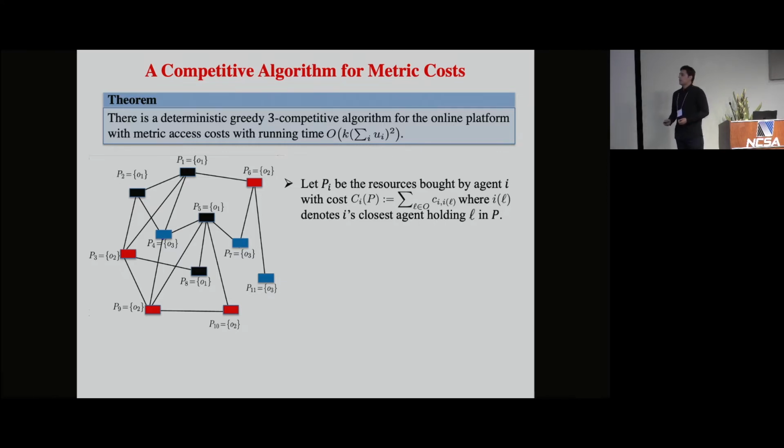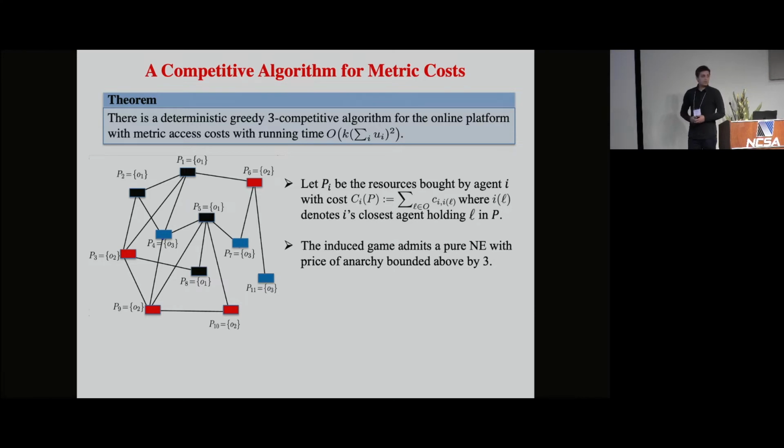Okay. So the good thing is that this is going to induce a non-cooperative game. And one can show that this is an ordinal potential game. And the potential function is going to be a vector of sorted costs that every time the player does a best response and updates its resource, the vector is going to drop lexicographically. Okay, so we can show that this admits a pure Nash equilibrium.